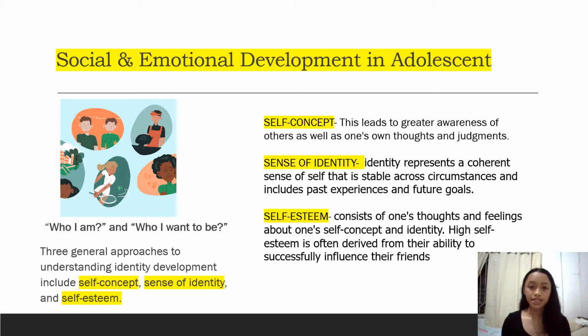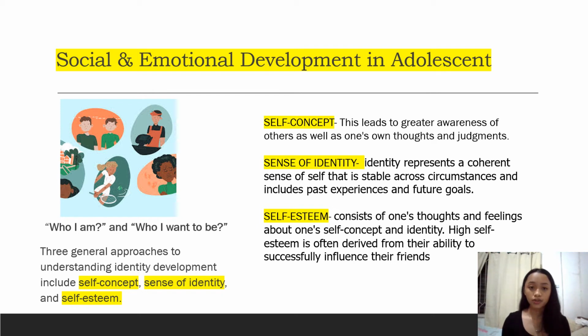So they can basically conceptualize multiple possible selves that they could become, and recognize and distinguish the contextual factors that influence their own behavior and perception of others. So they know themselves. So next is the sense of identity. So identity represents a coherent sense of self that is stable across circumstances and includes past experiences and future goals.